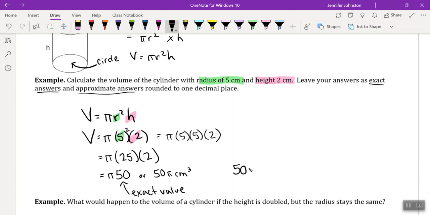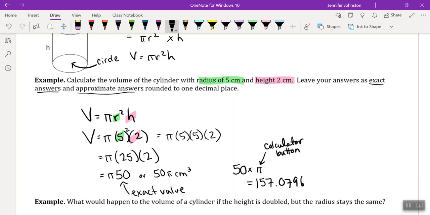50, and then we're going to multiply that by pi on our calculator. Go find that button on your calculator. Not just 3.14. So go and find pi on your calculator, click that, and we get 157.0796, and it just keeps on going.